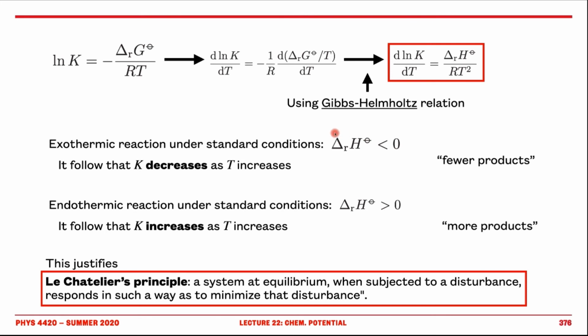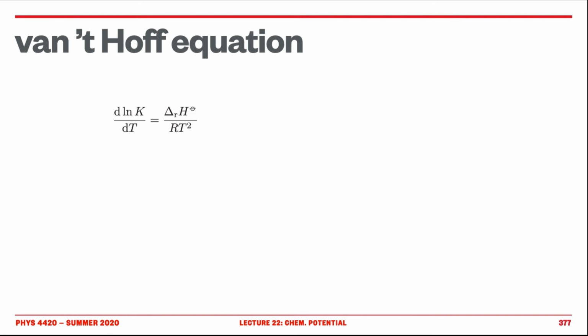If we have an exothermic system, you would expect that the surrounding temperature will increase because heat is released to the surrounding. Now, if you decide to increase it yourself, the system will actually respond to minimize the disturbance. So that means to make it less negative, in other words, to not favor that reaction. So that's the idea, and you can apply the same in the other case. So this is the Le Chatelier principle.